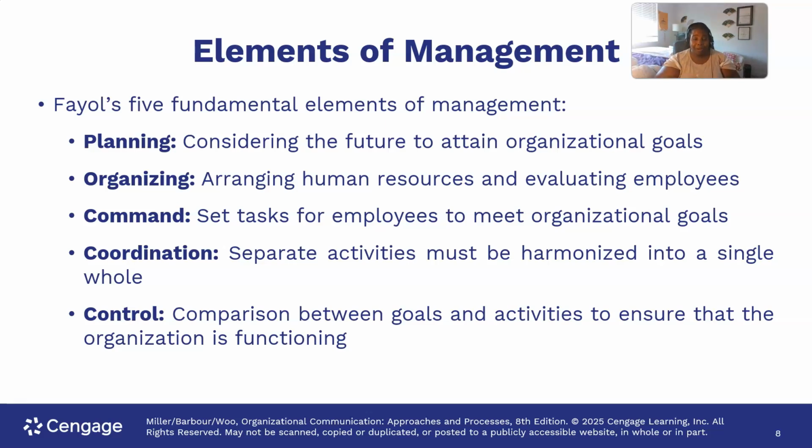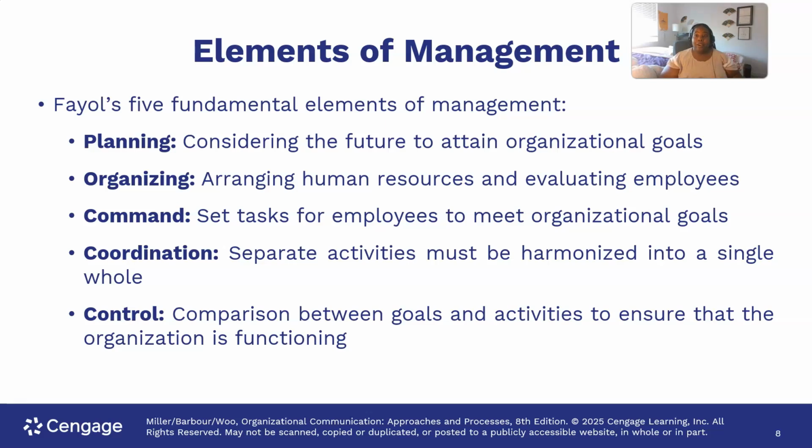Then we have organizing, arranging human resources and evaluating employees. Like I said before, we went from employees being in the home, family, college, arts and industries to the factory or to larger organizations.